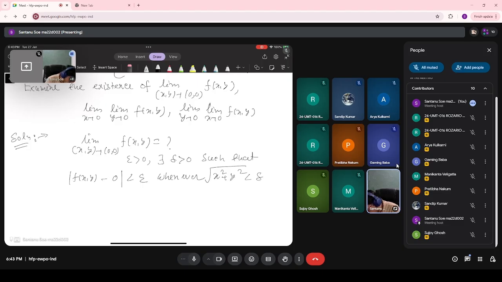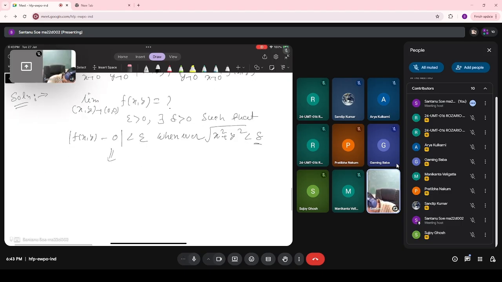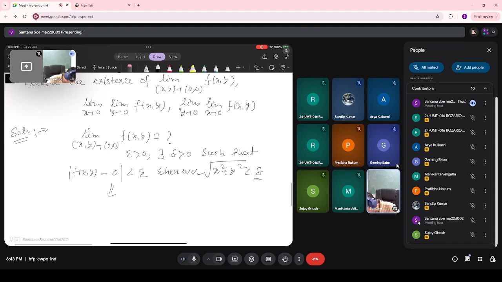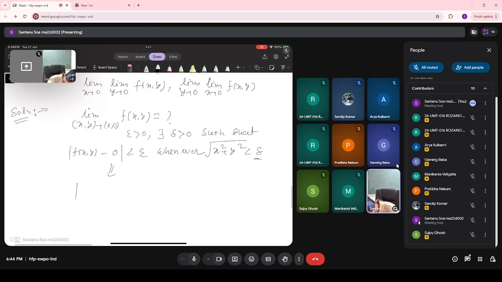So here we just have to find the delta in terms of epsilon. That's all. So we start from here: what is f(x,y)? f(x,y) is nothing but y cos 1 by x, so this is y cos 1 by x minus 0.